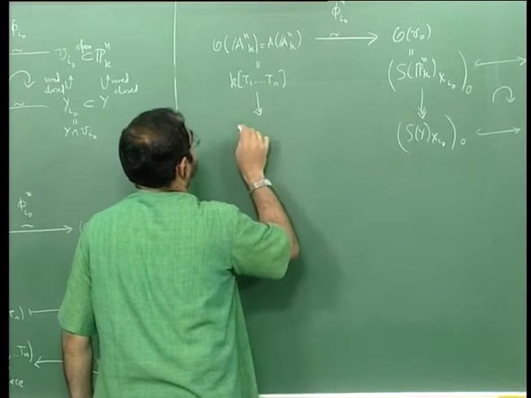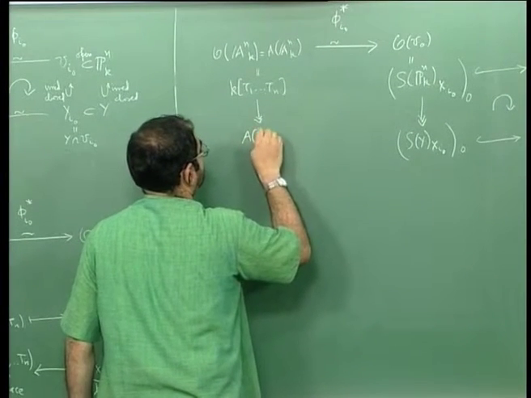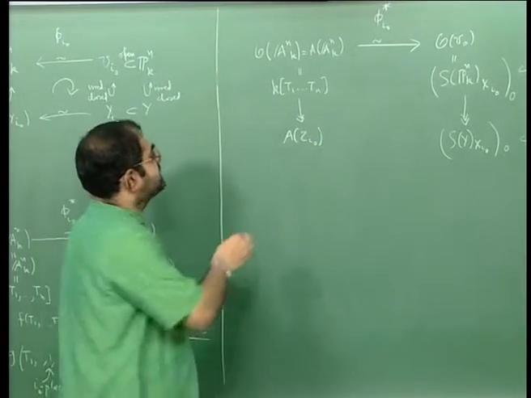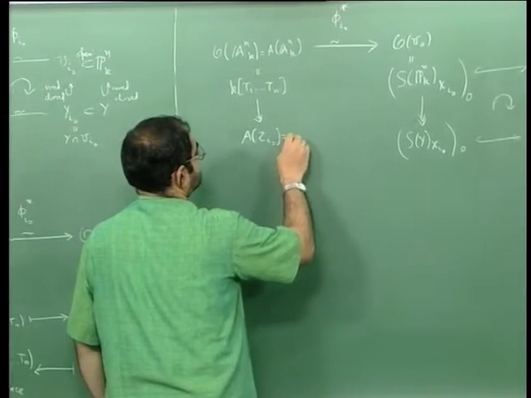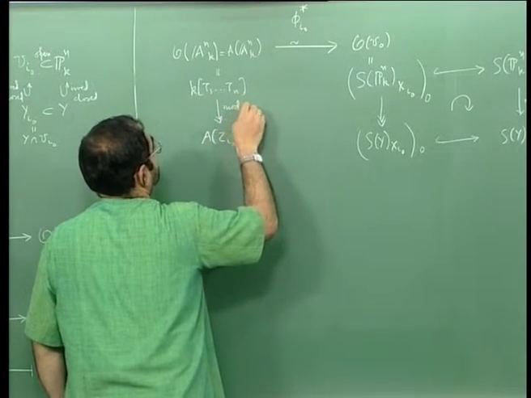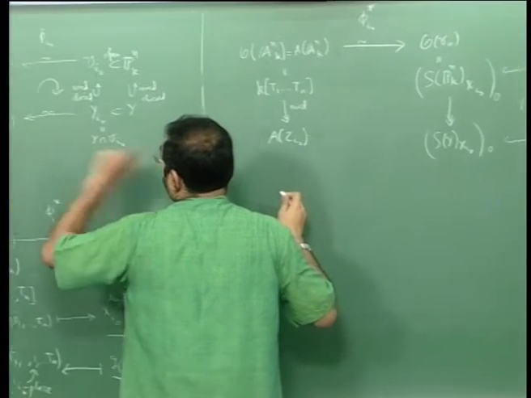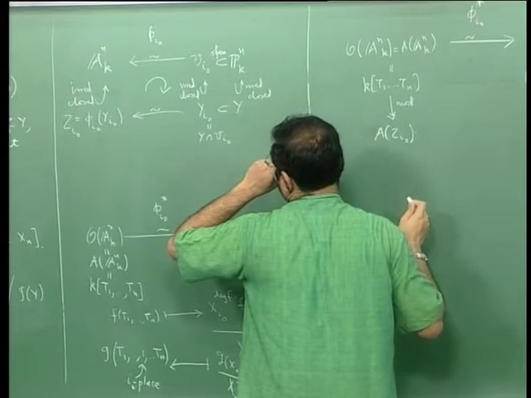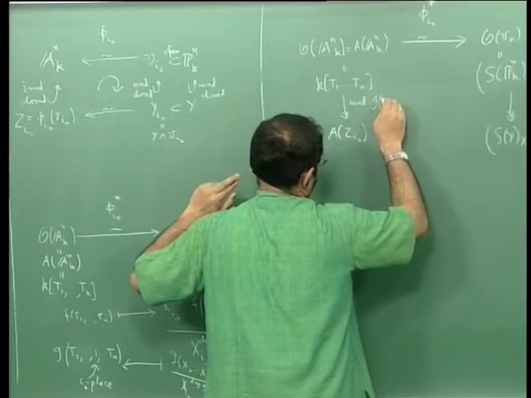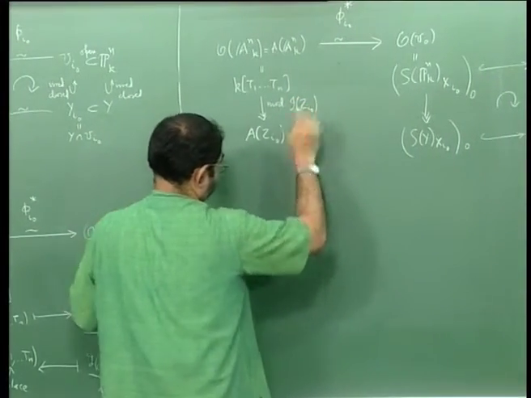Let me first write it as A of Zi naught. This is just gotten by going mod the ideal of Zi naught.